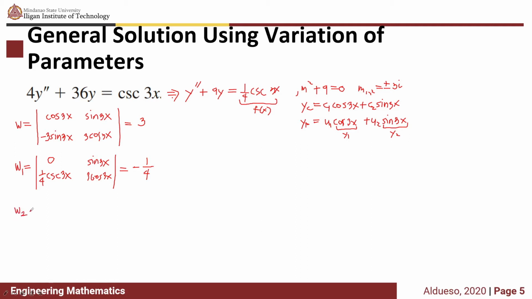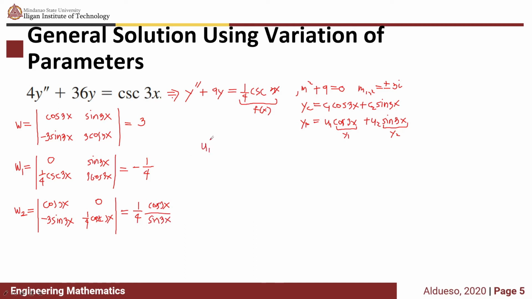For W2, that's equivalent to cosine of 3x, and we have negative sine of 3x, 0, 1/4 cosecant of 3x. This is equivalent to 1/4 cosine of 3x over sine of 3x.